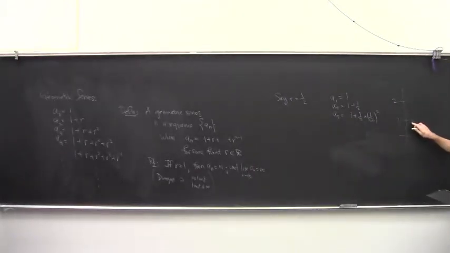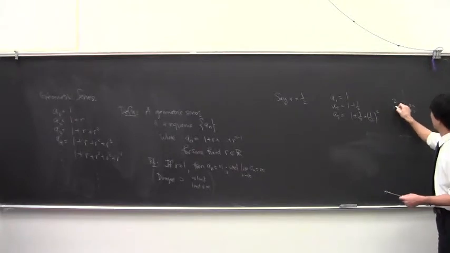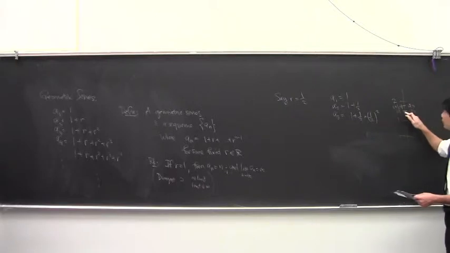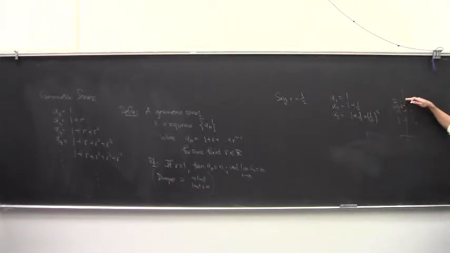A1 is 1. A2 is 1 plus a half, that's 1 and a half. A3 is 1 plus a half plus a quarter, which is half of the remaining distance. And then you add on an eighth, you add on a 16th, and so on.